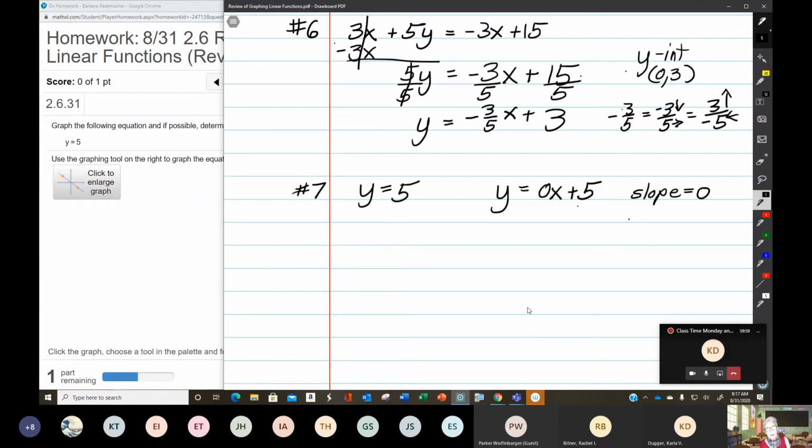Now, if you want to know for sure how to graph this, if you wanted to use the slope-intercept form, you would put a dot on 5, and then you would not go up or down. You would just go horizontally to any point you like. You get a lot of freedom, too. So I'm going to go over here, and I'm going to do this a more traditional way. Suppose I make an X and a Y chart.